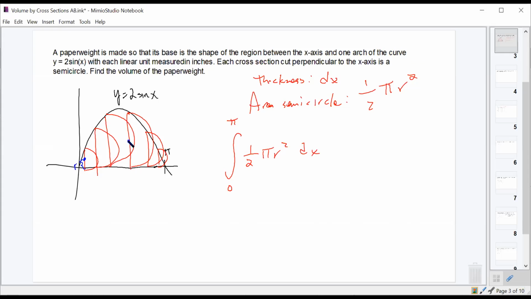Or from here to here, right? That's our radius. The radius is, in terms of y, half of y, isn't it? Yeah. Or half of two sine x.